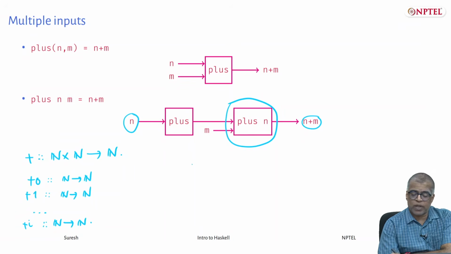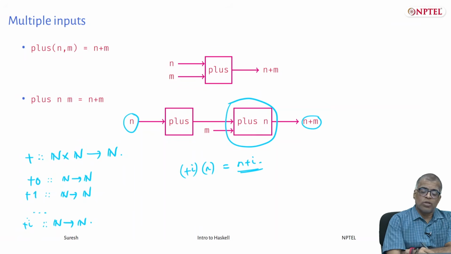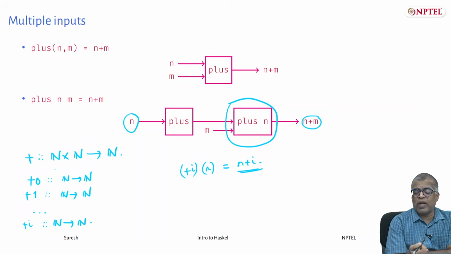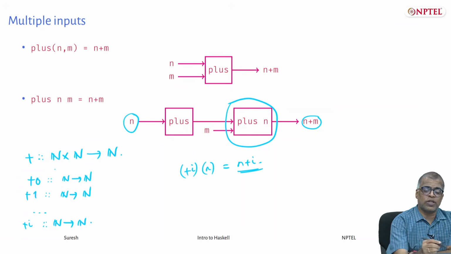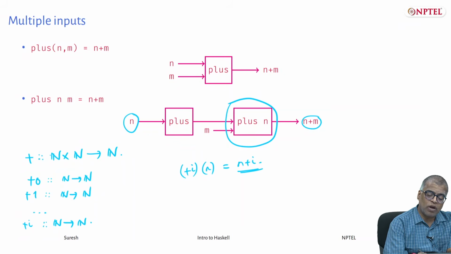What is the plus I function? Plus I function applied on n should give you n plus I, right. So, you can think of one binary function as a collection of all unary functions where however many functions there are is however many values there are in the first argument.